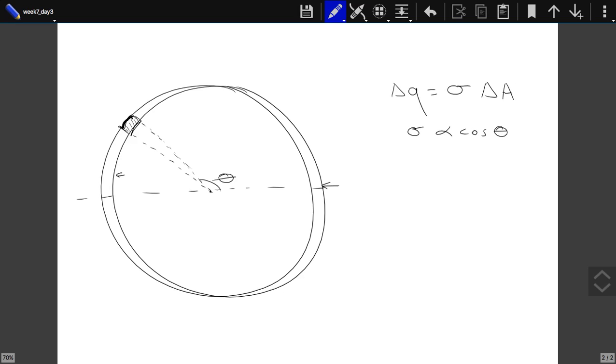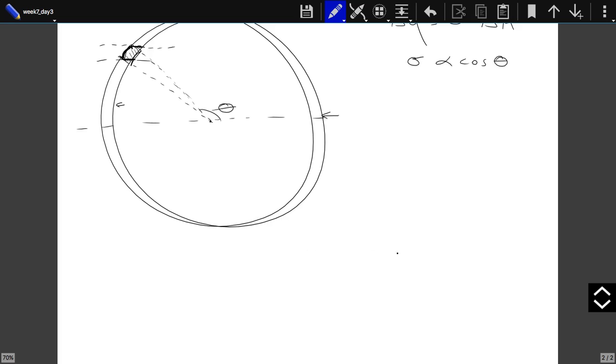Now, my proposal was this one. Rather than imagining such an area, I can imagine such an area. I divide it by horizontal, I take horizontal slices. So what do I have over there? I have such a slice.